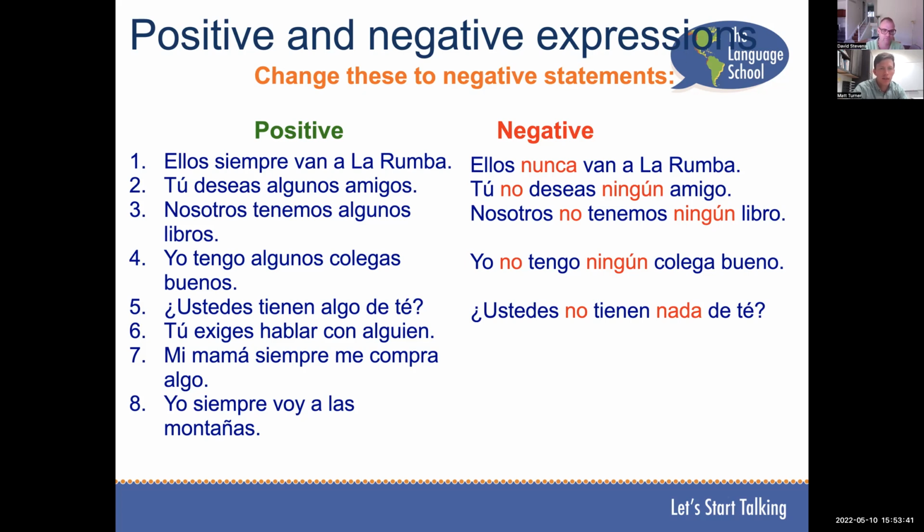Tú exiges hablar con alguien. Tú no exiges hablar con nadie. Muy bien. Mi mamá siempre me compra algo.